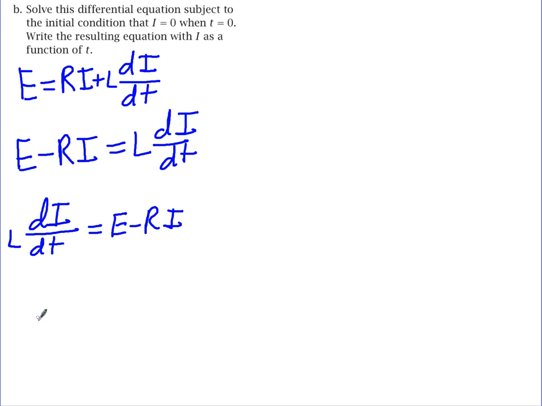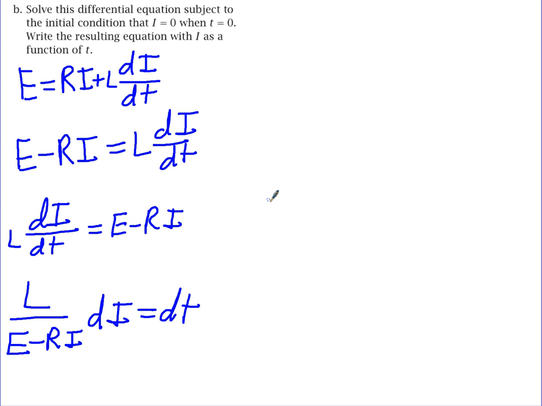So we end up with L divided by E minus Ri, di, equals dt. The dt gets brought over. Okay, now we can integrate each side to solve this differential equation. So integrating each side.